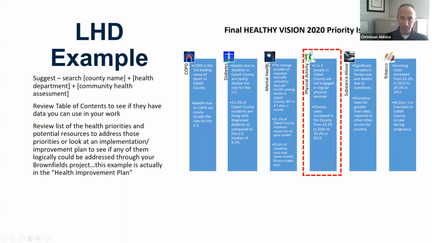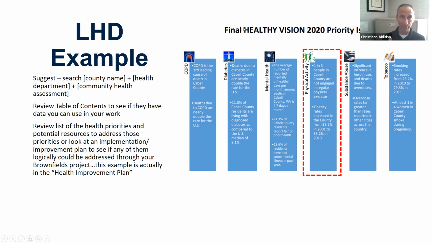There are some definite opportunities. And one thing I highlighted and noted when referring them out to the health improvement plan, they talked about physical activity and the built environment. And this is a snip from their Healthy Vision 2020 priority issues and implementation plan.